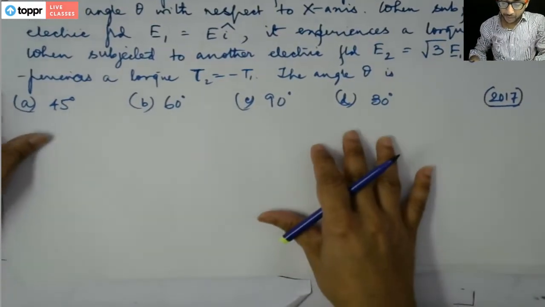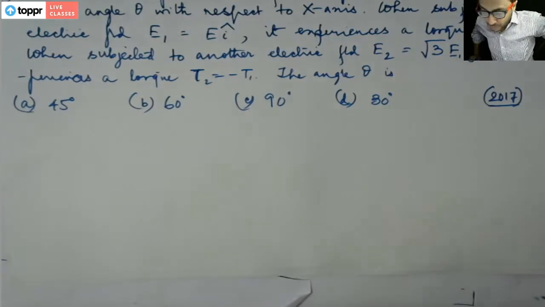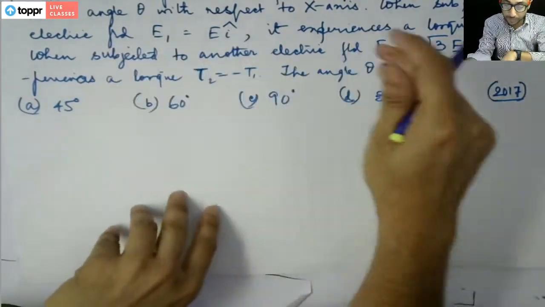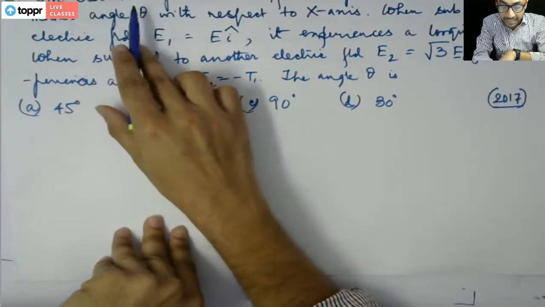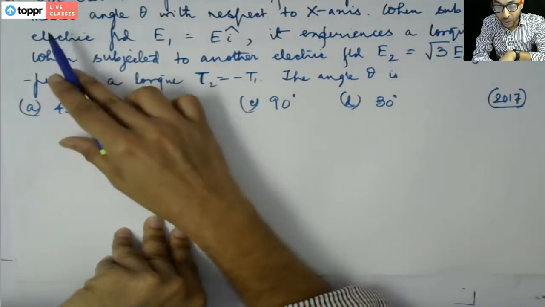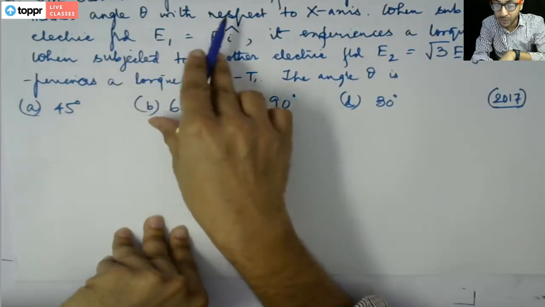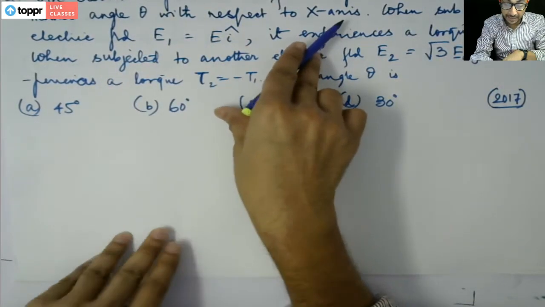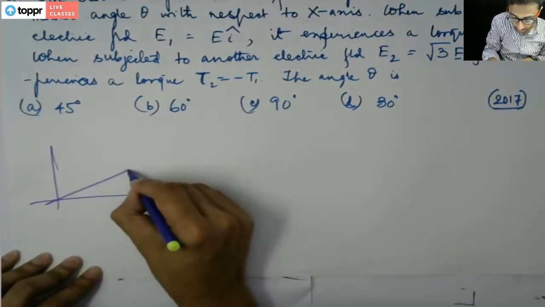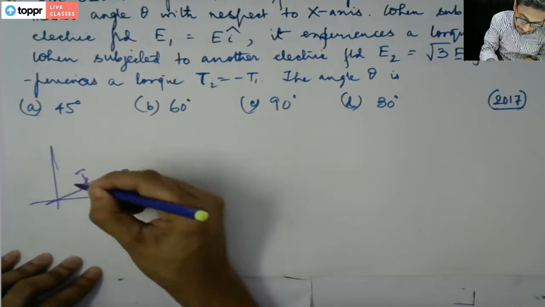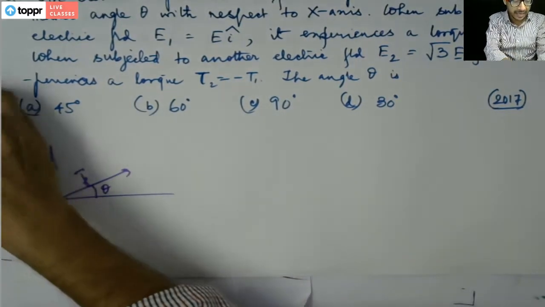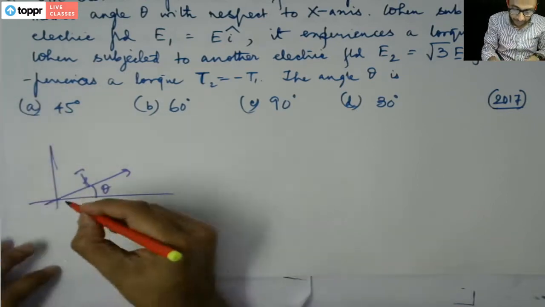Okay. Interesting. The first problem is on an electric dipole only. This is a very interesting problem. An electric dipole has a fixed dipole moment P, which makes an angle theta with respect to the x-axis. So the electric dipole P is making an angle theta with the x-axis, right?